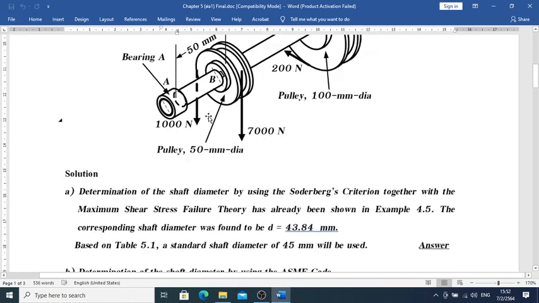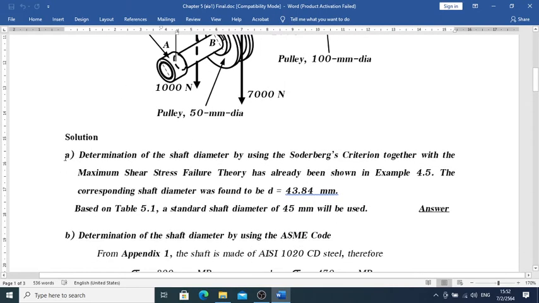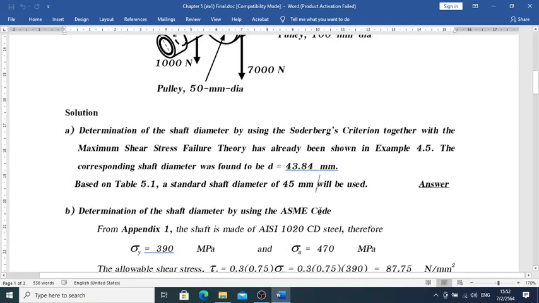In A that we have already, we got the diameter of 43.84. So therefore, when you make a selection from table 5.1, we got 45 millimeter as the available size in table 5.1.